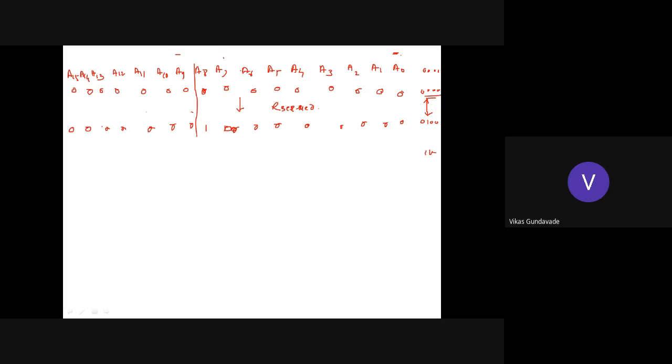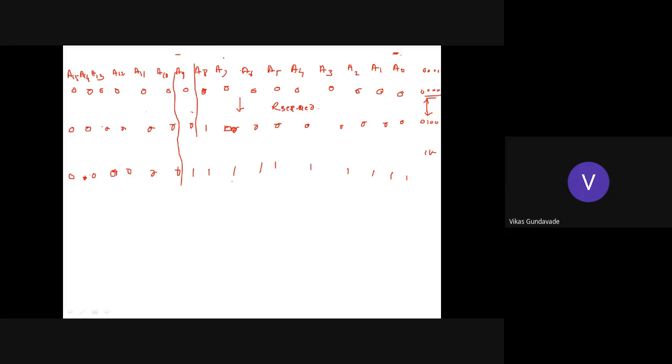The transition on all the pins is from 0000 to 1111, 1111, 11. Okay, the remaining will be 0 as it is. So A0 to A9, this much space is reserved by this 1K memory.